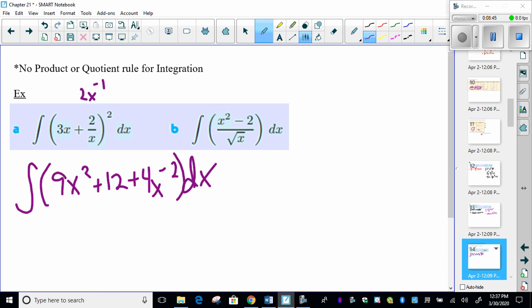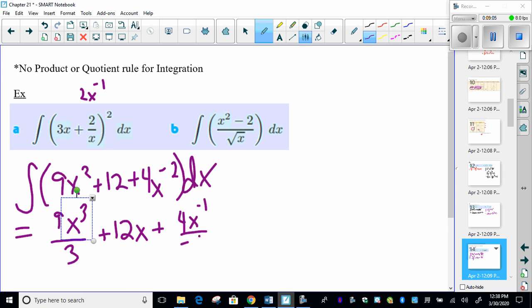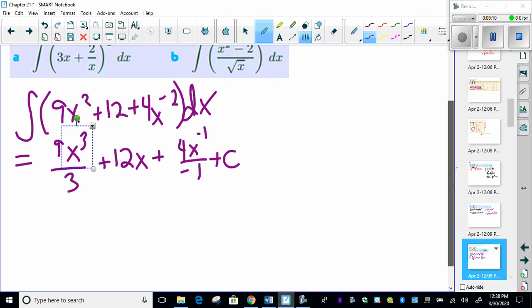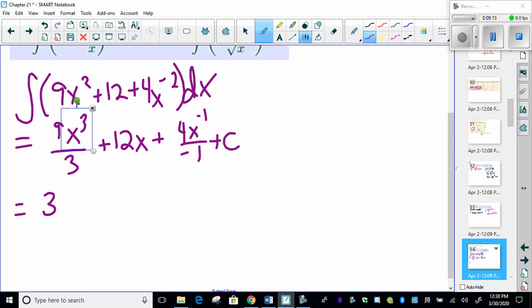Okay? Now I can integrate all of those terms. So this is equivalent to x to the third, so 9, and I have to divide that by 3, plus 12x plus 4x to the negative first over negative 1 plus c, which then just simplifies to 3x cubed plus 12x minus 4 over x, getting rid of the negative exponent, plus c.